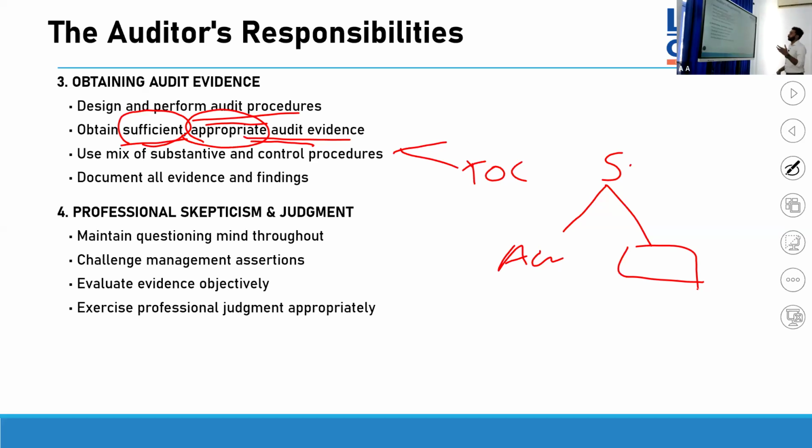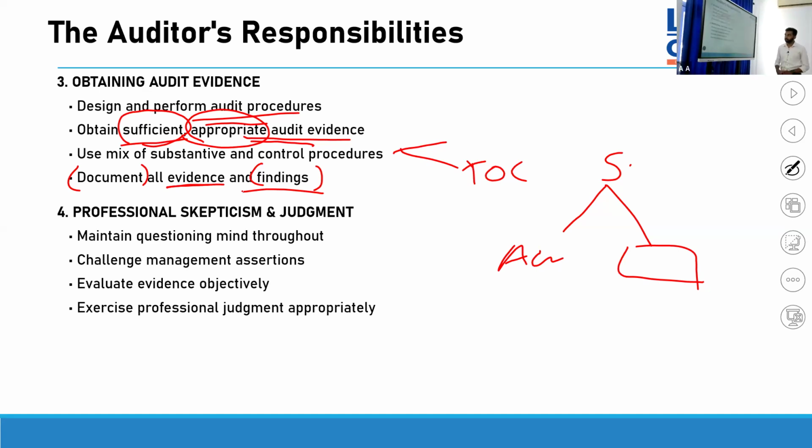Those are the audit procedures we normally use in an audit. Finally, document all evidence and findings. We must document all the evidence that we obtained and also the findings that we have. Right? So, this one is also the responsibility of the auditor.